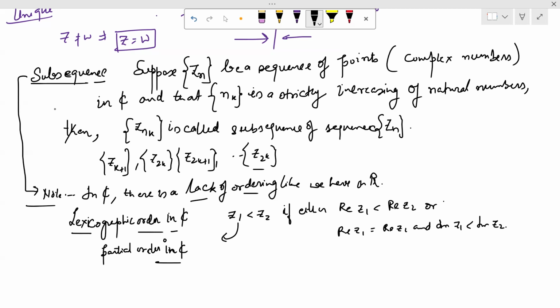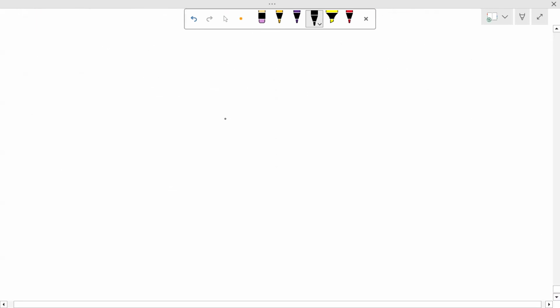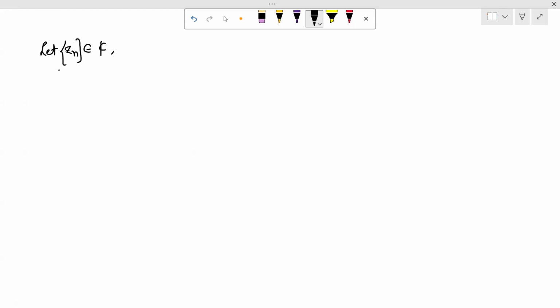Okay, now till now we have already seen what a sequence Zn is. Now let Zn be a sequence in C. And if I say that Zn converges towards Z, what does it imply?